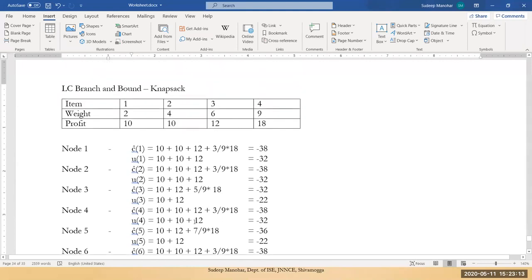What is this? It tells that you have to consider the first three items with fraction. With fraction, 2 plus 4 plus 6, that is 12. So 12 is lesser than the knapsack capacity 15. Therefore, all three items can be considered as a full. That is 10 plus 10 plus 12.